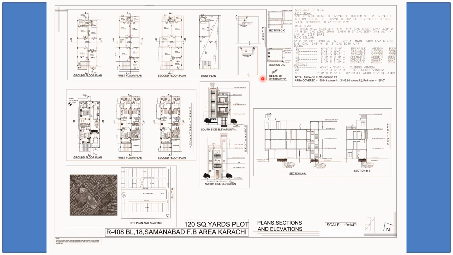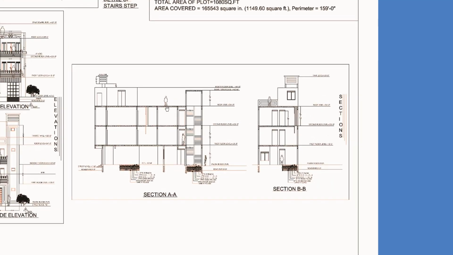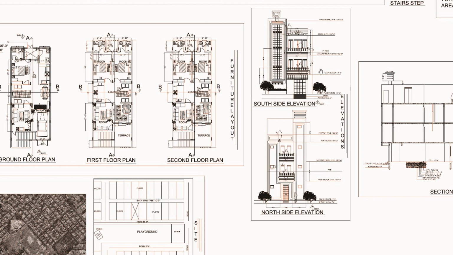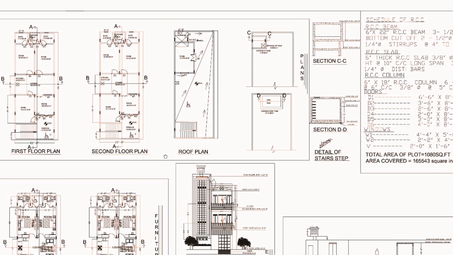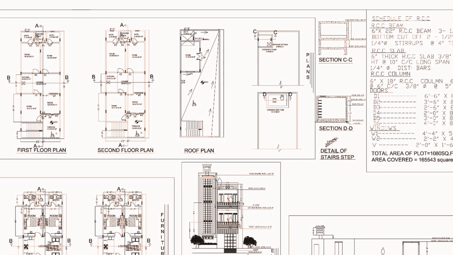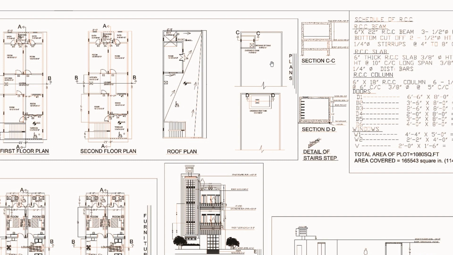So that's what I have shown previously. Now this is the brief overview of the submission drawing, and you can also provide the open space present and a little bit of foundation details. Now I will zoom. Here you can see the section details, the elevations, furniture layout, and here is the roof detail, where the water tank is present.